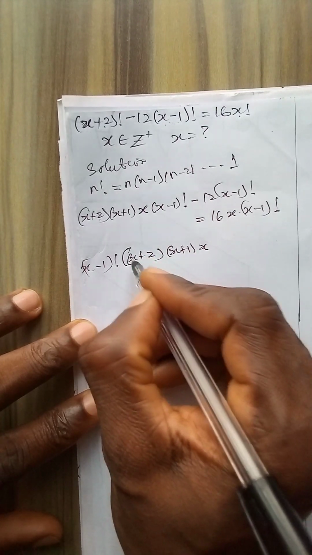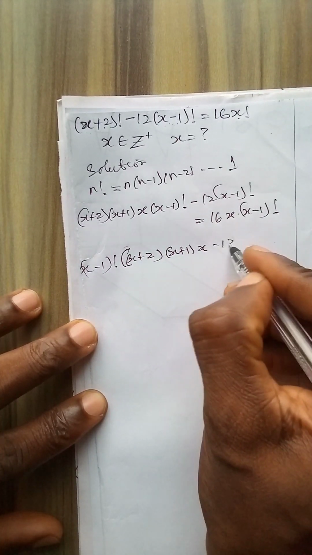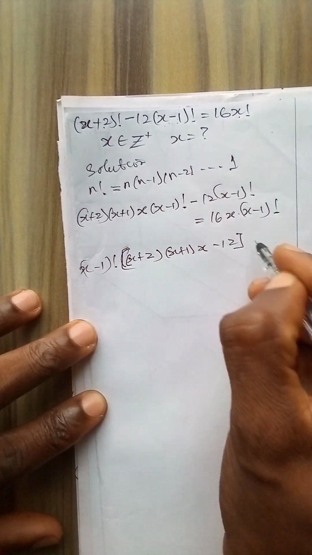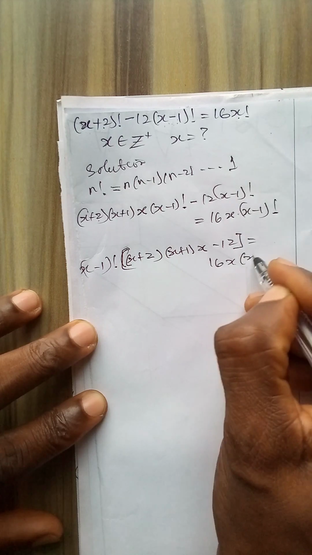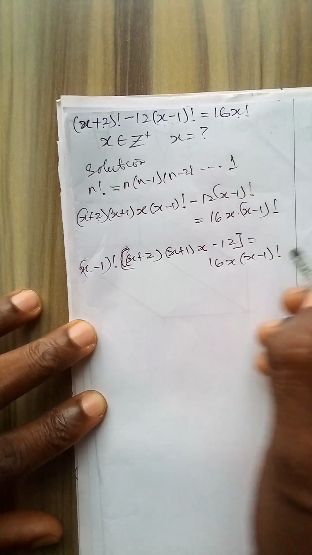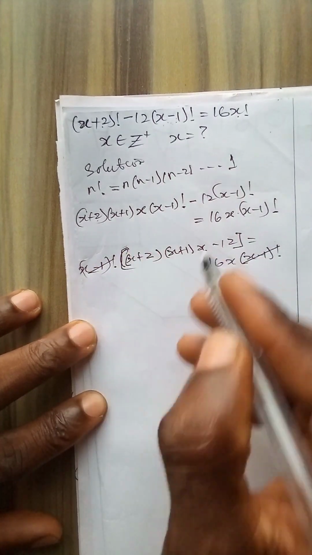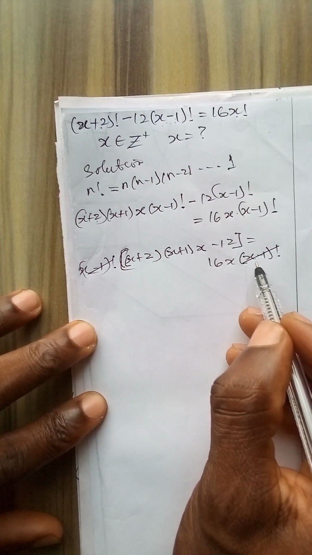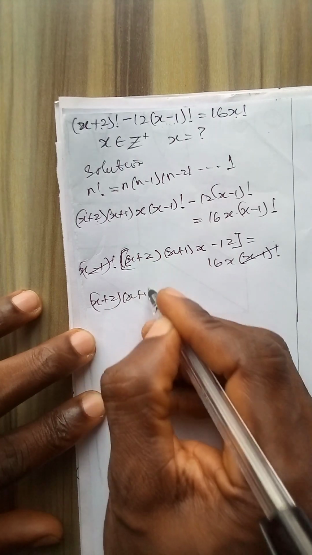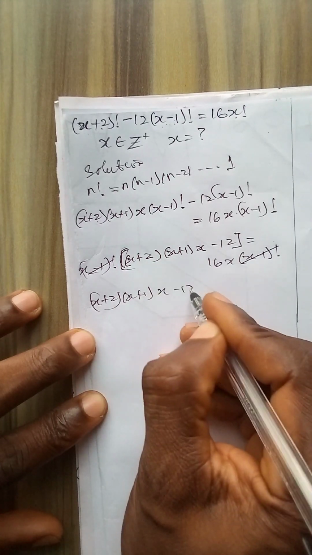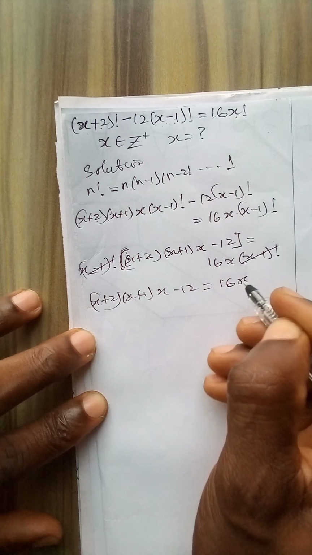Let's remember that this should be a big bracket, minus 12 times the big bracket, is equal to 16x times (x-1)!. This will cancel this. We now have a polynomial equation remaining. So (x+2)(x+1) times x minus 12 is equal to 16x.